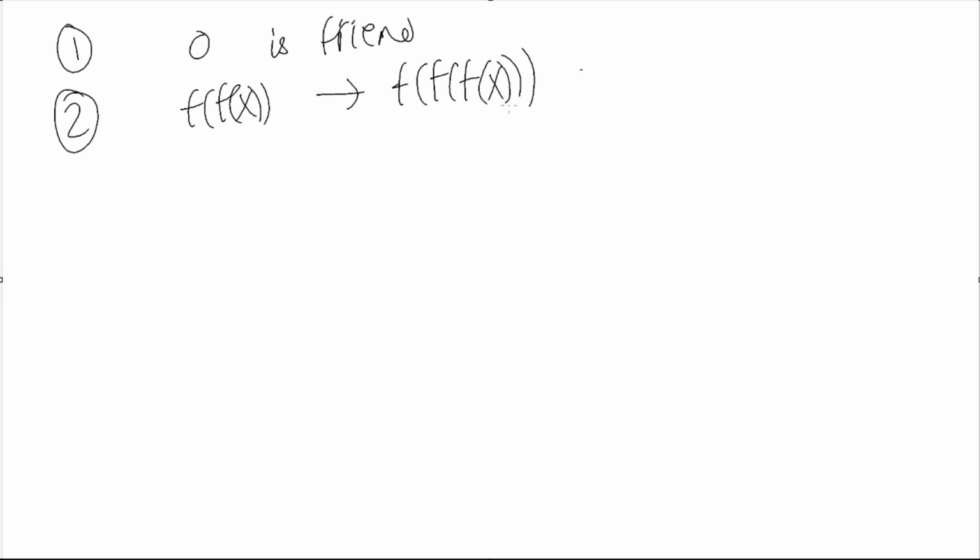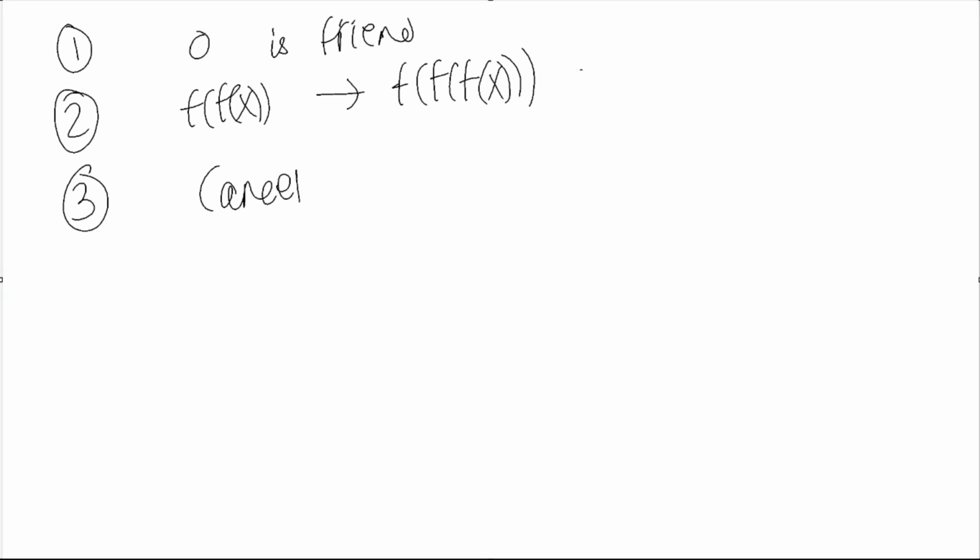Then the second thing is if we know something about f of x, then try saying something about f of f of x, because you can calculate this in two ways, just like how we did to get the solution set. And then the third one here is to try canceling terms from either side.